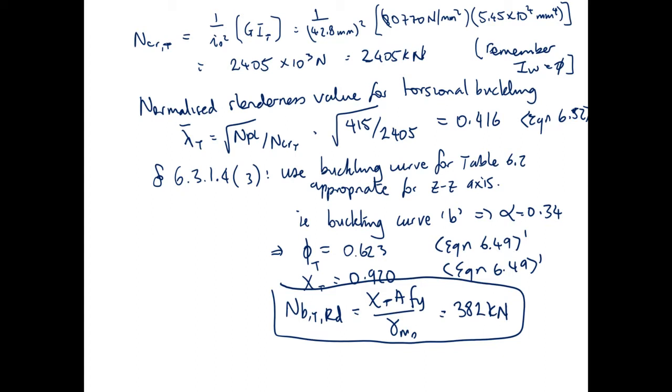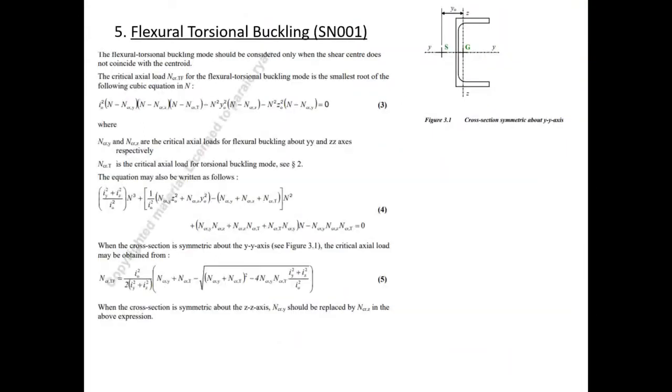So it's lateral buckling, torsional buckling, and now we have torsional-flexural buckling to do as the last part. I'll finish off recording the last part separately, in an hour later on today, where I'll explain the torsional-flexural buckling part of it. We're following the same SN001 with some equations from it.